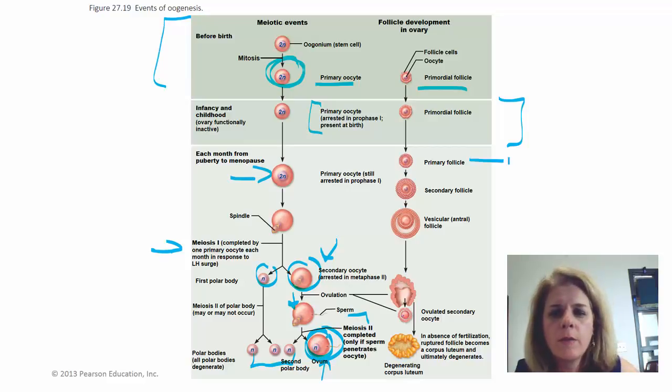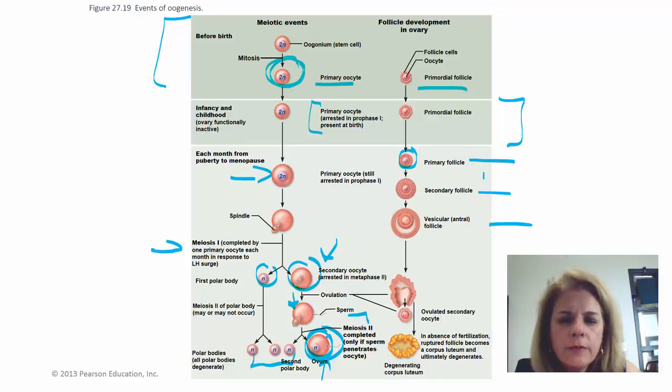You're going to get a primary follicle, and this follicle is going to continue to grow, and it's going to become a secondary follicle, and then finally a vesicular or antral follicle. Now, the way you get the name primary follicle, it has one layer of cells around it. The secondary follicle has 2 layers of cells around it.